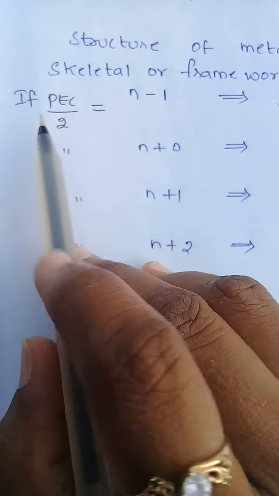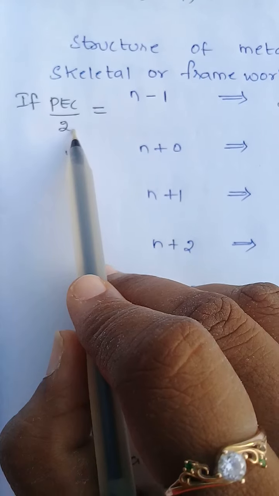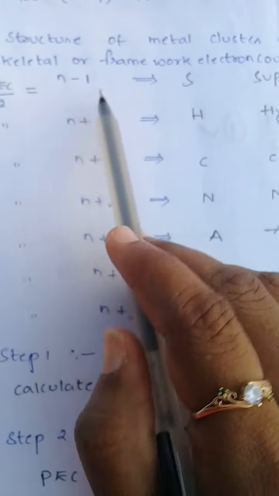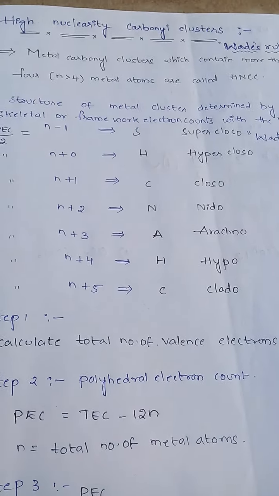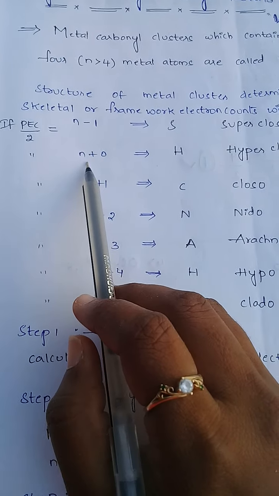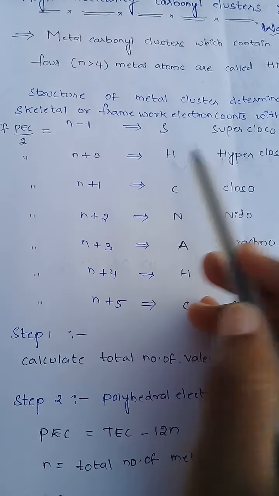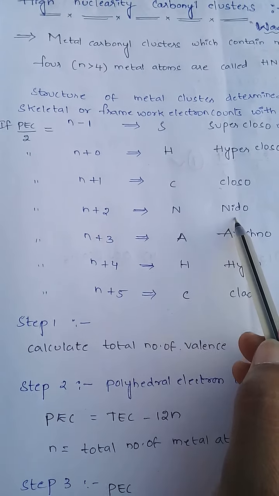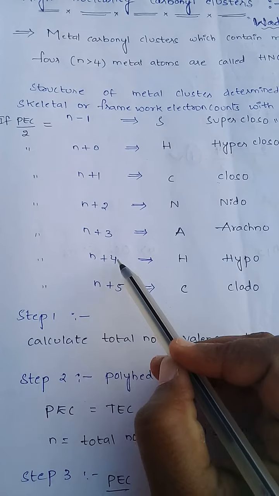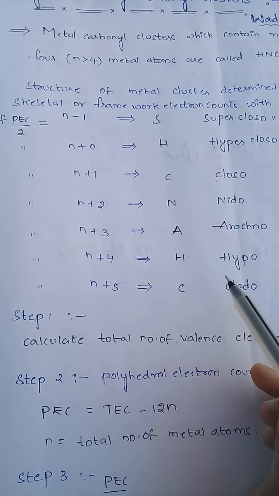See here, if the polyhedral electron count equals n minus 1, it means supercloso. n plus 0 is hypercloso, n plus 1 is closo, n plus 2 is nido, n plus 3 is arachno, n plus 4 is hypo, n plus 5 is clado.